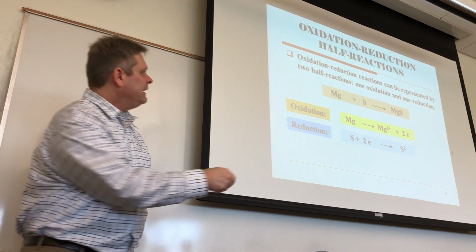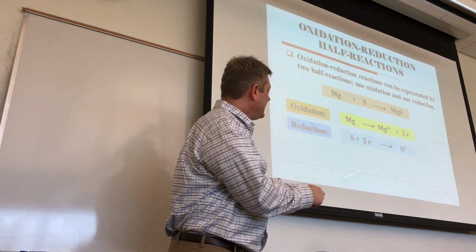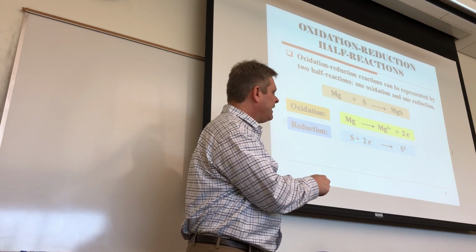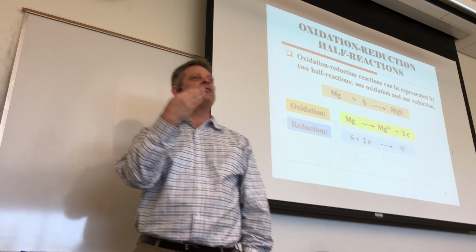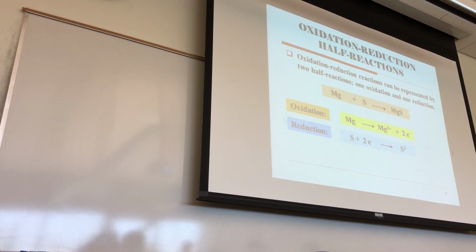In all fairness, when I'm grading these, if this comes out nicely and the major parts look fine, I probably will not even notice that the electrons are on the wrong side. It's not the best way to do it, but if you get trapped and you don't know, and you still know how to solve the problem, just make sure electrons are on one side and the other and they cancel. All right?